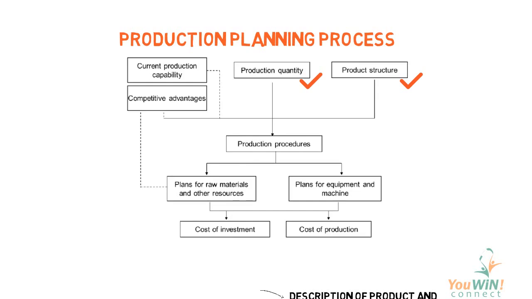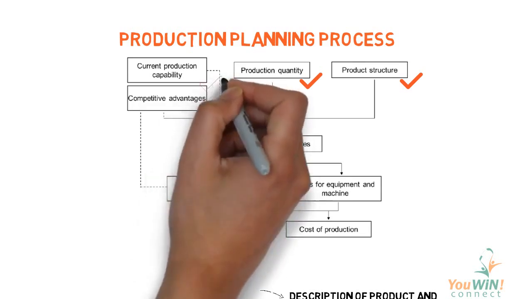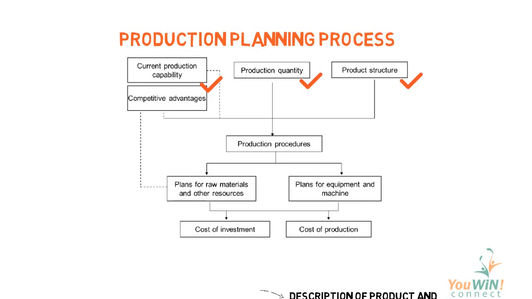When we look at production quantities, to be sure that we have what it takes to produce what the marketing plan stipulates, we must first of all consider what the current production capacity is. That is, what's the capacity of the equipment, how large is the factory, how many people are there to man the equipment in the factory.